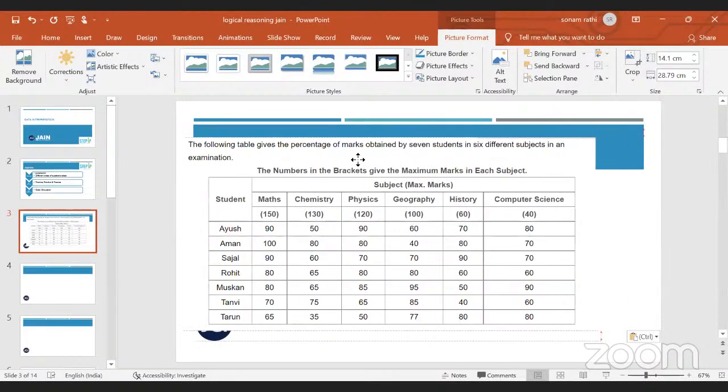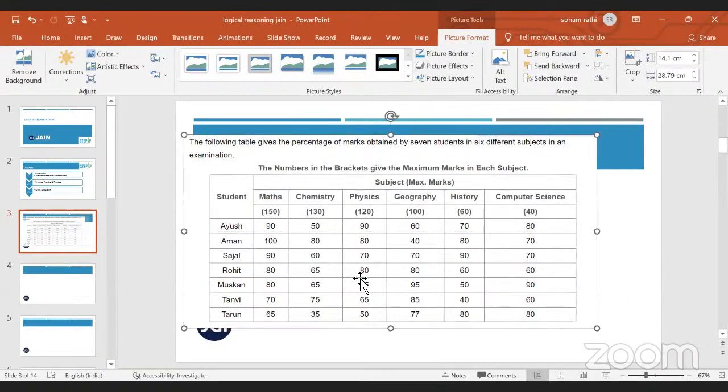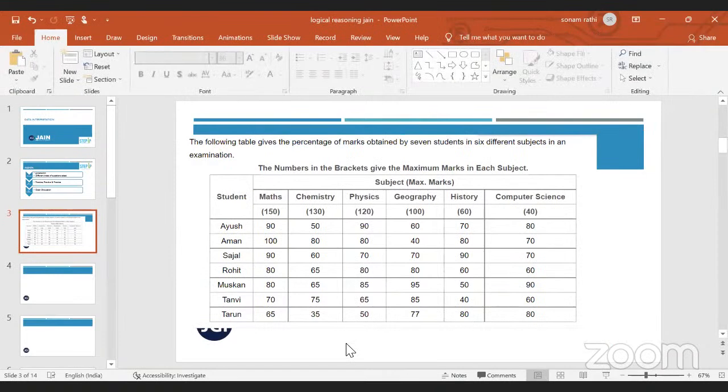Okay, please see the data. Data is in front of you. Can you see the data? Note it down. Please take a screenshot of this. Please mute yourself. I just muted all of you.